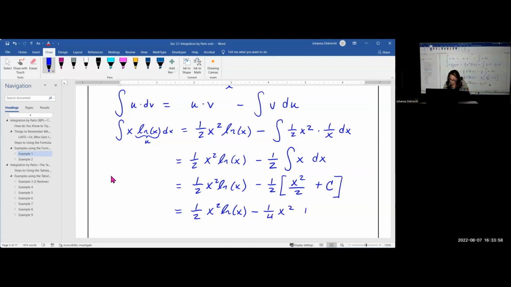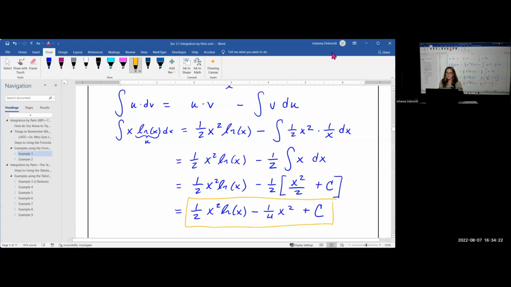And then what about this minus 1/2 c? Well, negative 1/2 times a constant is still a constant, not the same constant, but we can still call it plus c or plus k, whatever floats your boat. And now we're done, right? This is our answer, and we're essentially done with this problem. Box it up, and we can move on to the next problem.